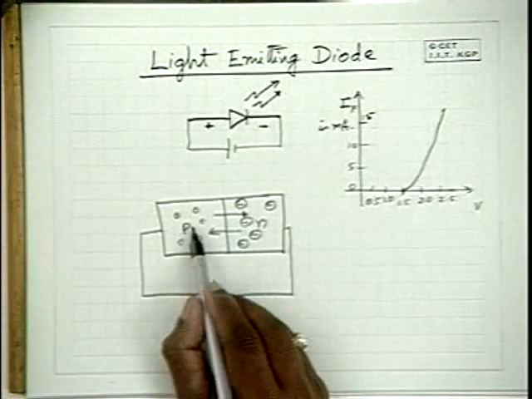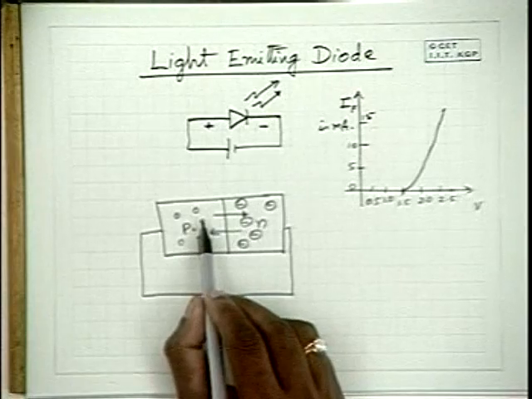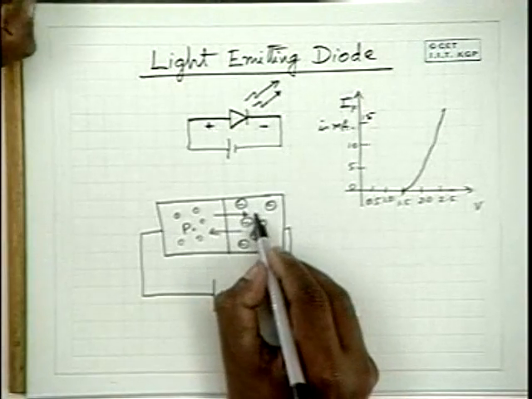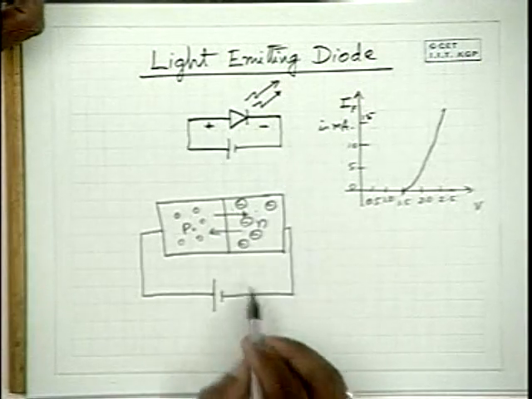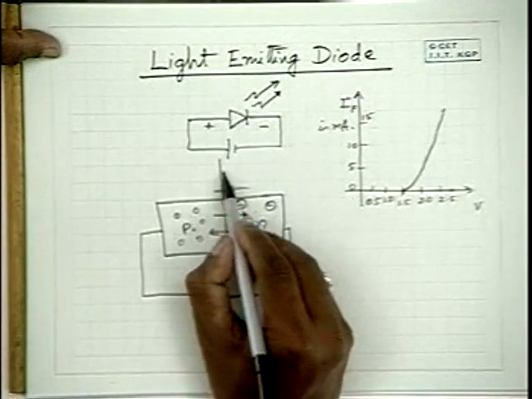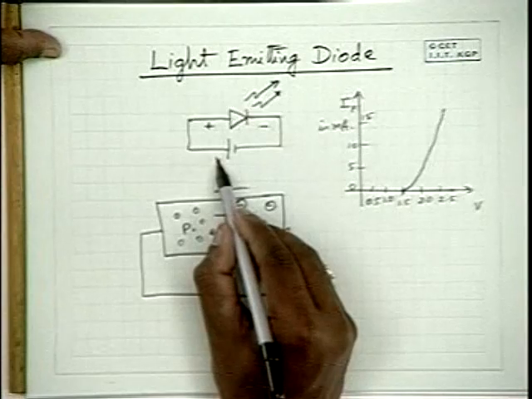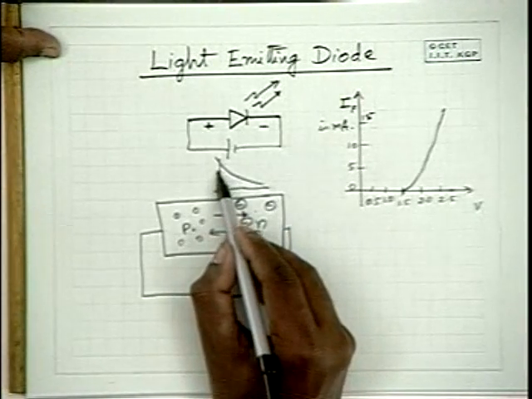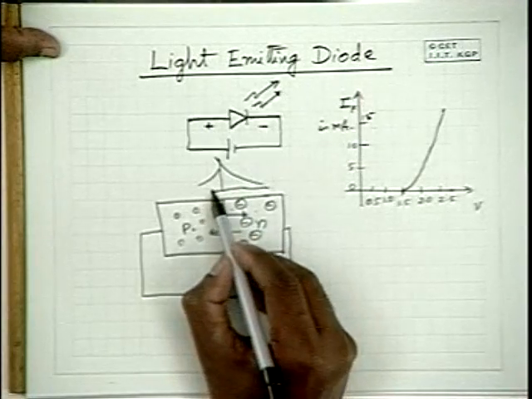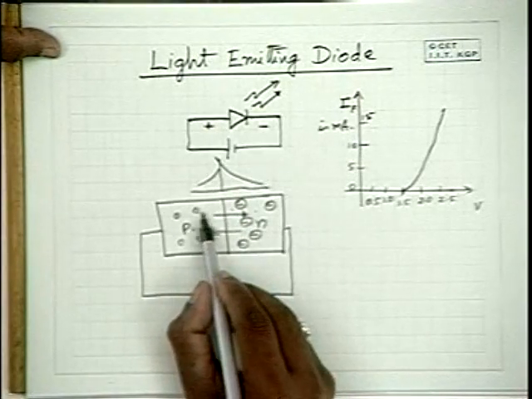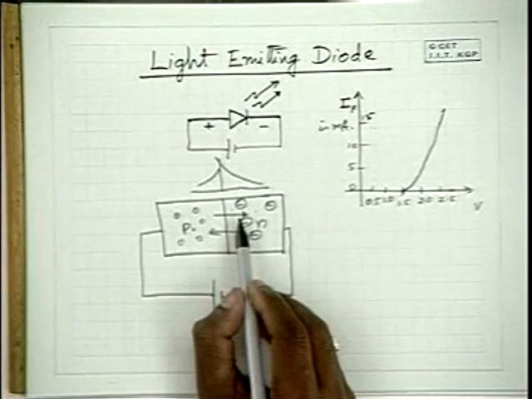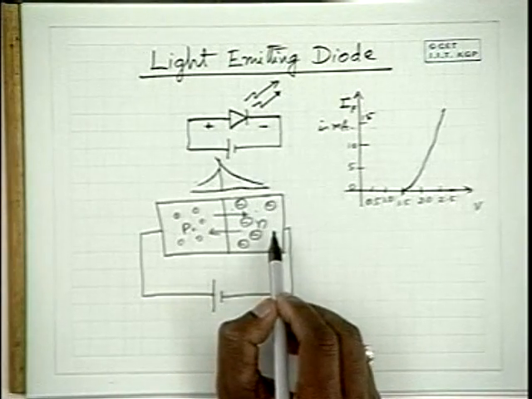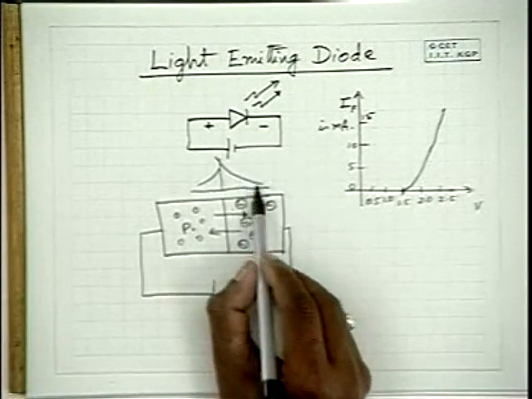As the diffusion proceeds, the hole concentration goes down like this, and on this side the electron concentration goes down like this. That means the injected holes recombine with the electrons, and the concentration goes down.